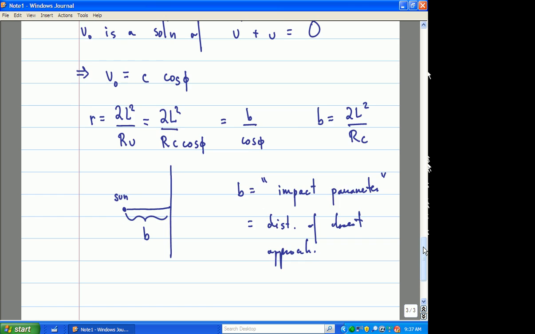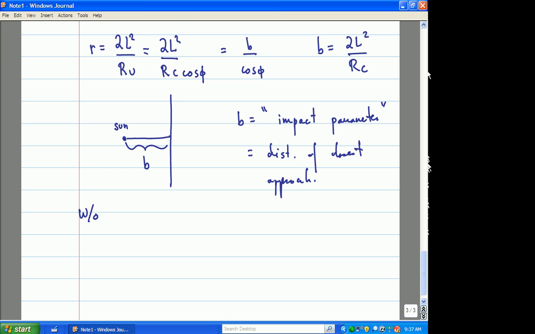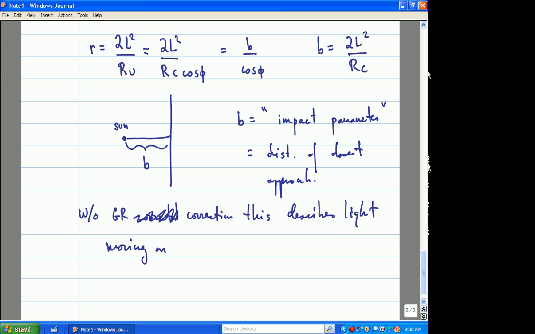So without the GR correction, this describes light moving on a straight line. And the only subtlety is that I'm parametrizing this straight line in polar coordinates rather than in flat coordinates.